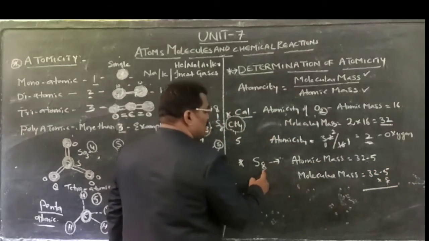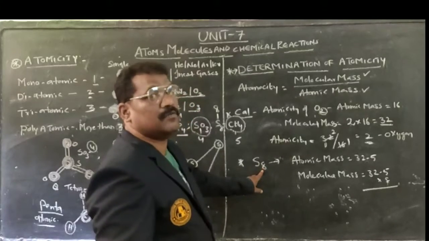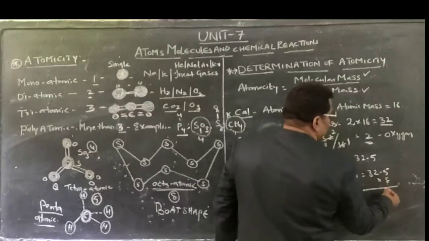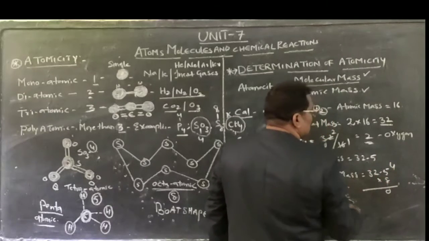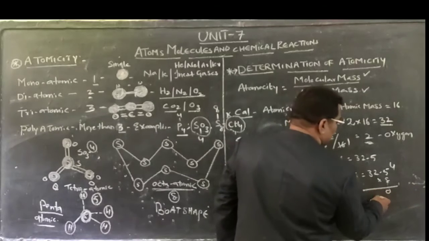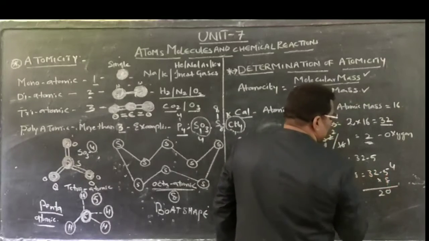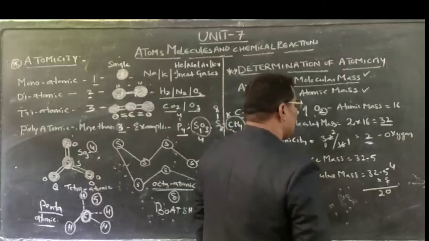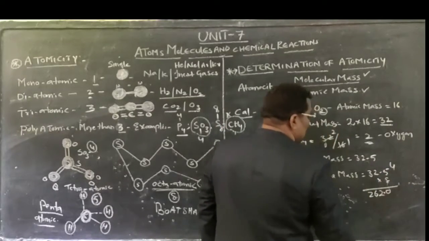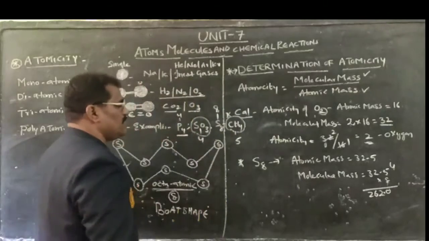How many atoms are existing here? 8 atoms are existing, having the shape of a crown. Multiply: 8 fives are 40, 8 twos are 16, and so on, giving 260.